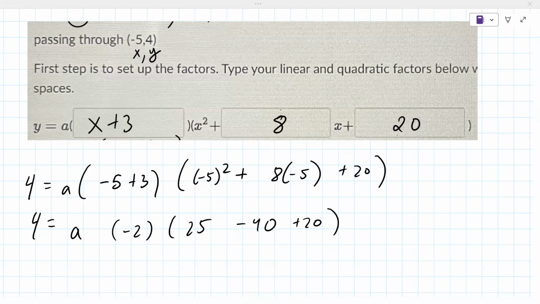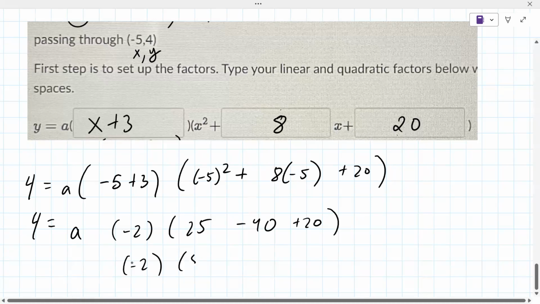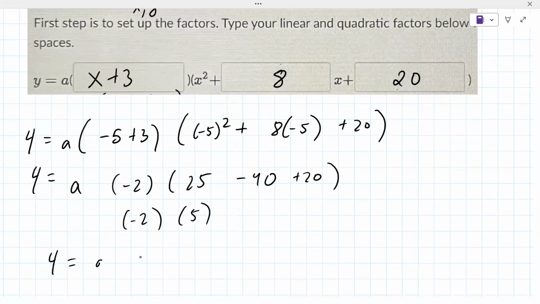A equals 2/5. Is it positive or negative? Positive. But isn't it -2 times 5 over here, which is -10? Yeah.